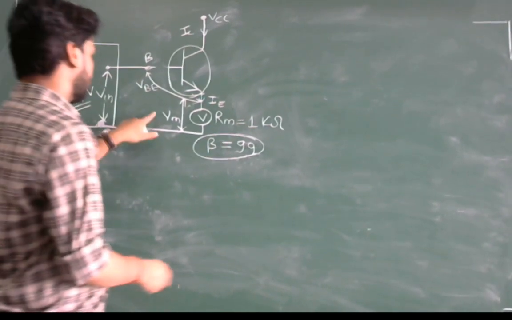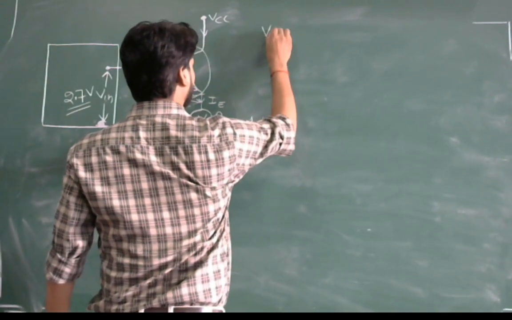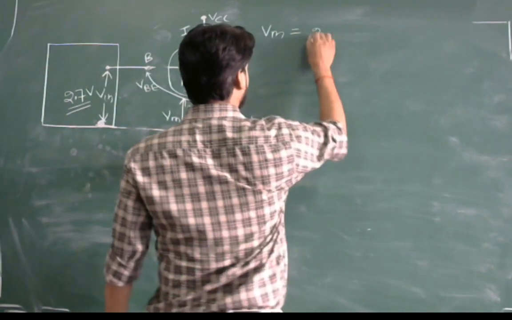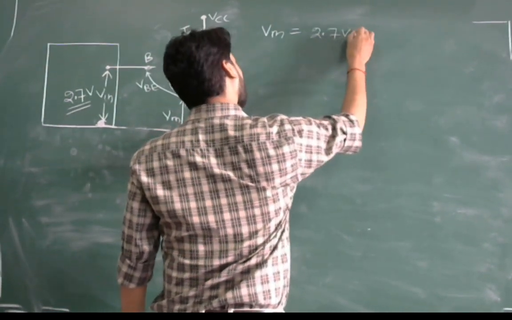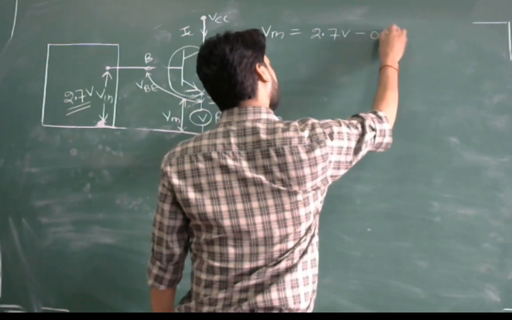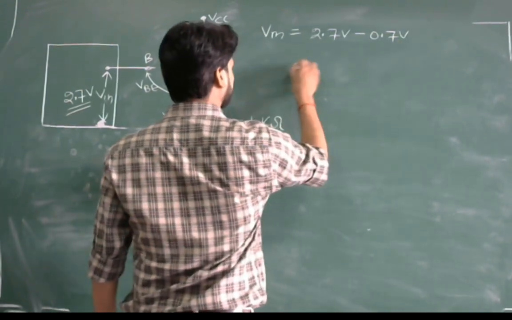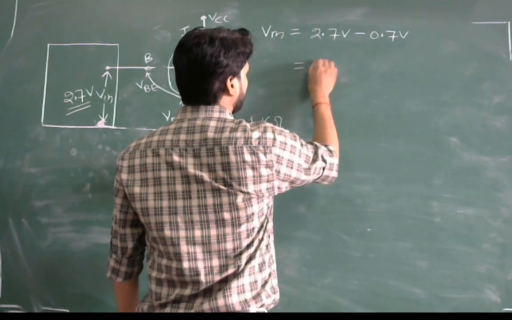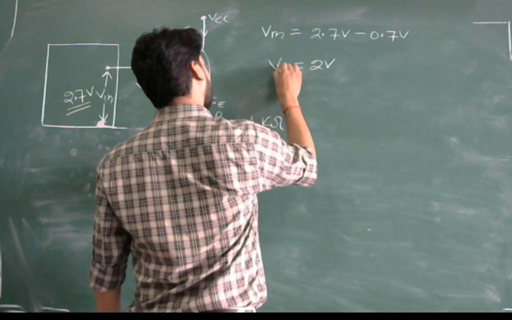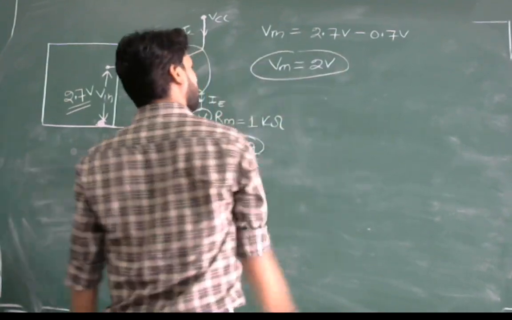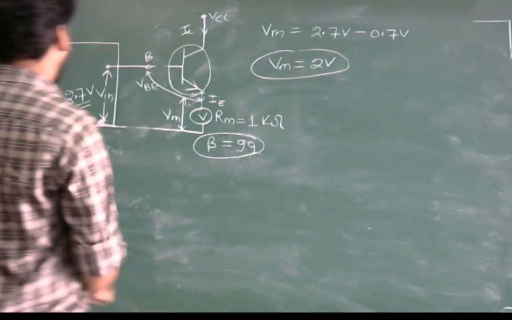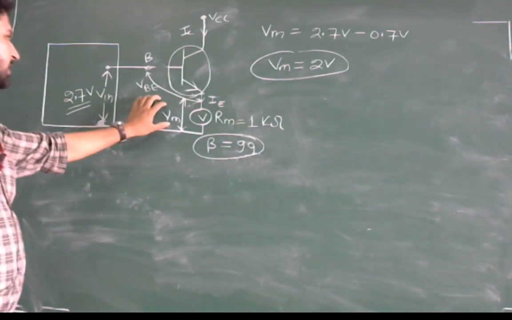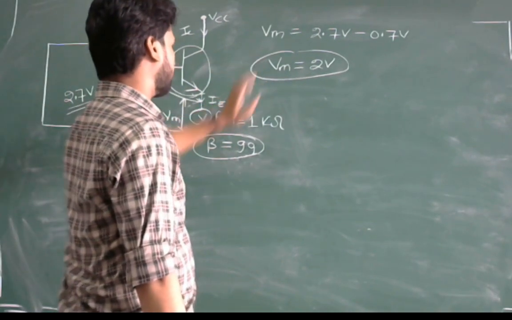So in this case Vm will be 2.7 volt minus 0.7 volt, which becomes 2 volt. When the input voltage is 2.7 volt, the voltmeter receives only 2 volt from the input terminal.